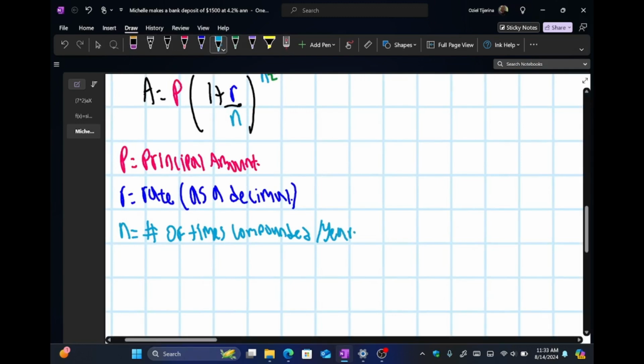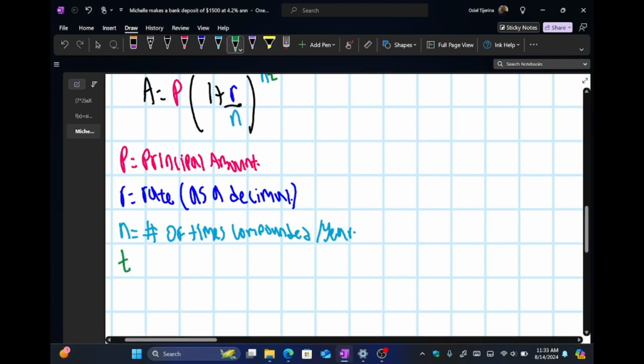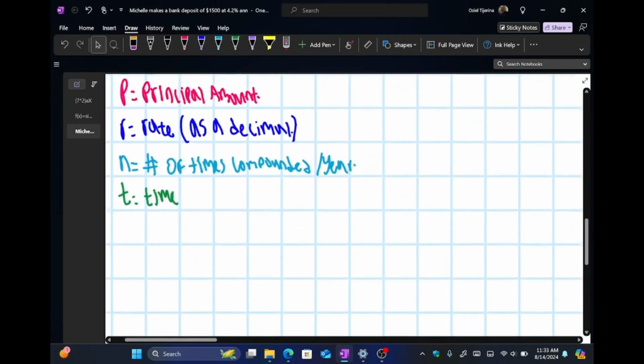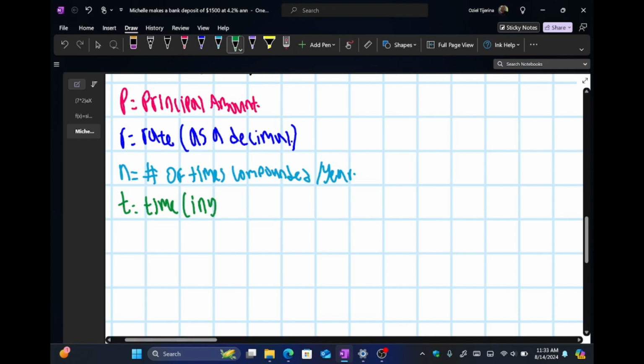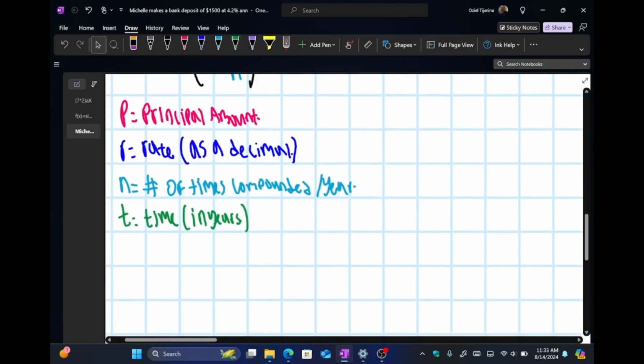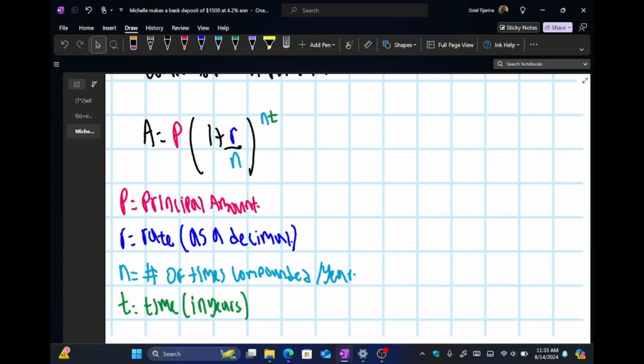T is the time in years. Sometimes with the N value, you can have monthly, daily, or weekly.